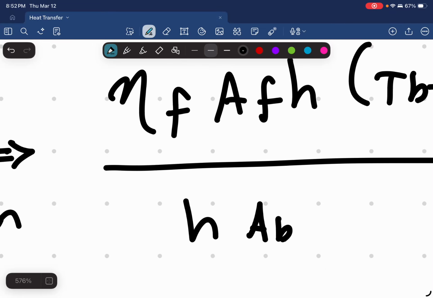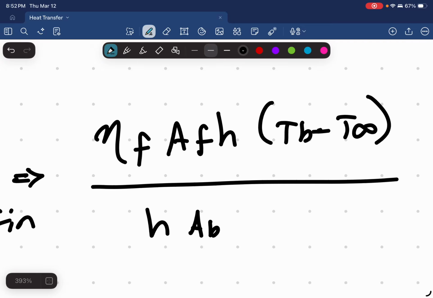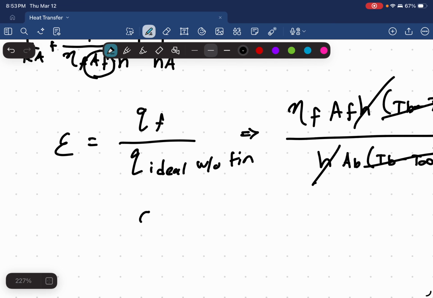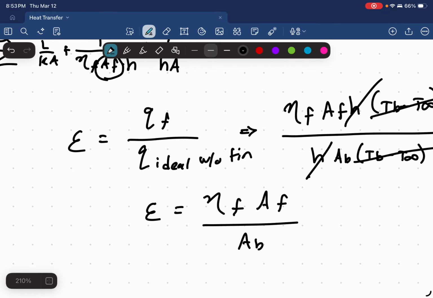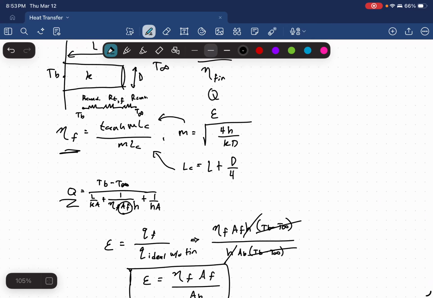And AB right here is the cross-section area of your fin. If you notice, the temperature difference cancels, the h cancels. So for effectiveness, you're left with the efficiency times the area of a fin over the cross-section area. Okay, and that would be part C, and that would be this problem.